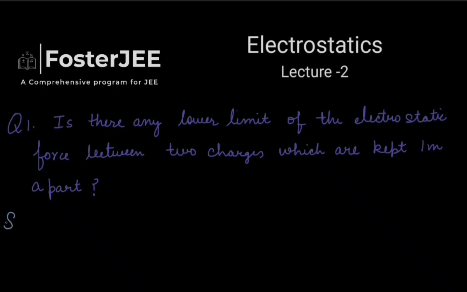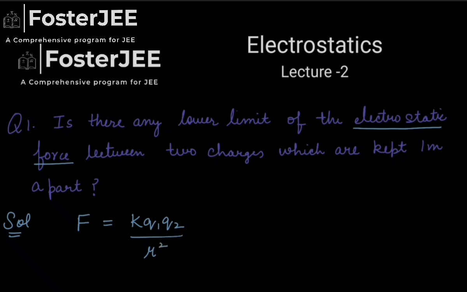Now let's start the solution. First of all, electrostatic force between any two charges kept at a distance r is written by Coulomb's law, which is F equals K Q1 Q2 upon r square.